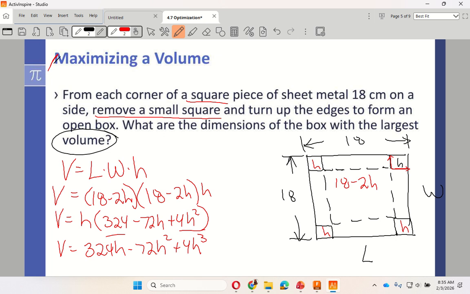Now, we also said that we're trying to maximize this, right? So we're trying to maximize the volume, so let's go ahead and take the derivative. The derivative here is going to give me, let me do a new page.